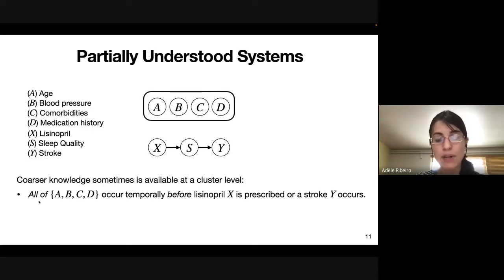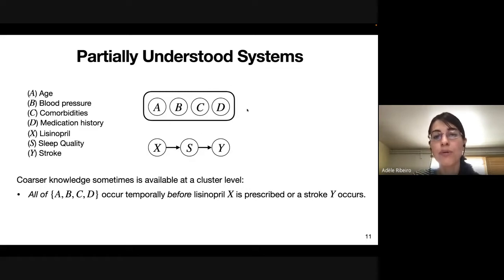In this case, I'm calling it all because I'm just talking about the temporal order. So I want to avoid cycles, because the theory of causality doesn't allow us to have cyclic systems. So one thing that's important is every time that you create a cluster, you know that they are following the same temporal order. And for covariates, this is usually known.